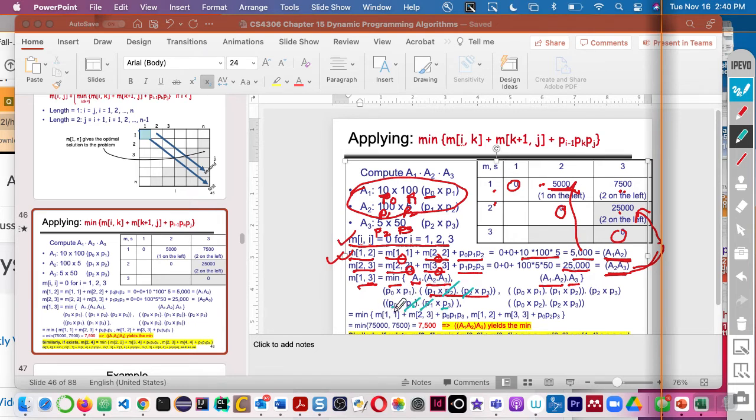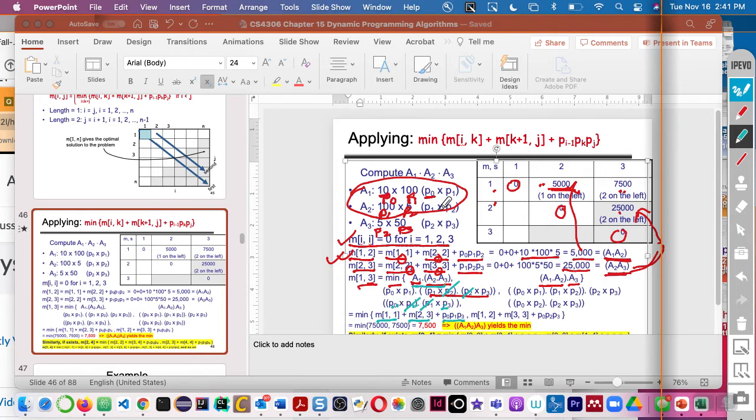And for this part, M of 1 1 for A1, which means taking the single matrix, and then M of 2 3. We see that we already have M1 1 equal to 0. M2 3 we already calculated in the previous steps, and we have the values P0, P1 and P3.